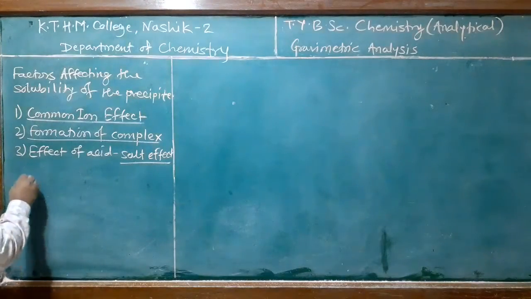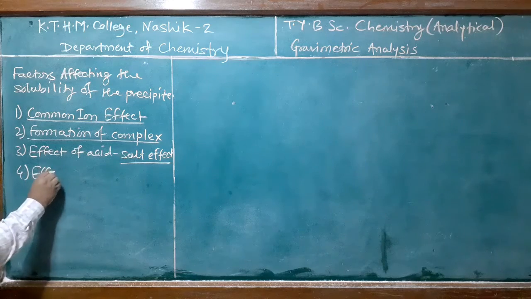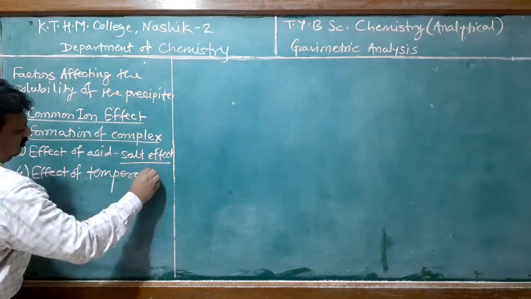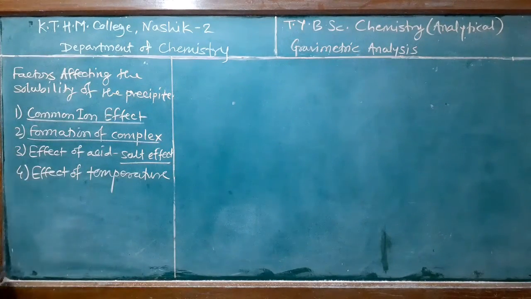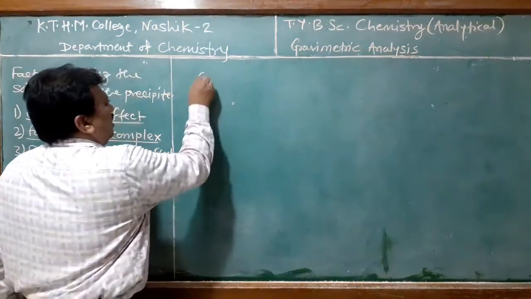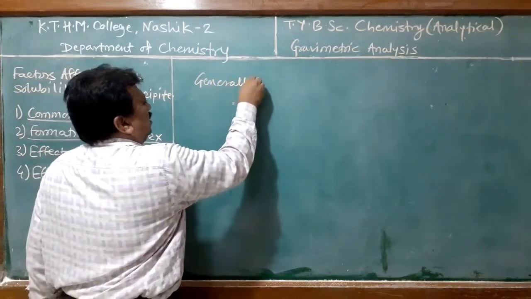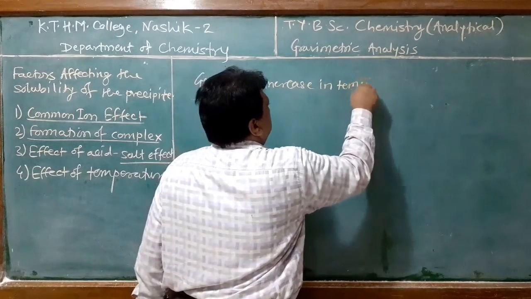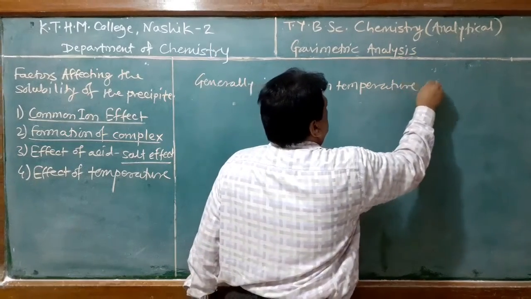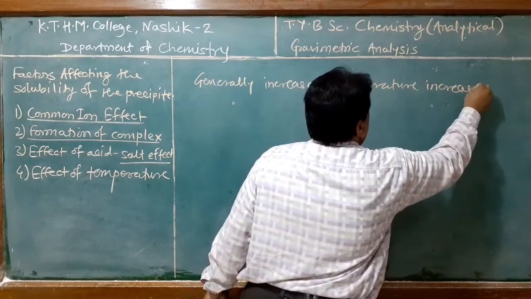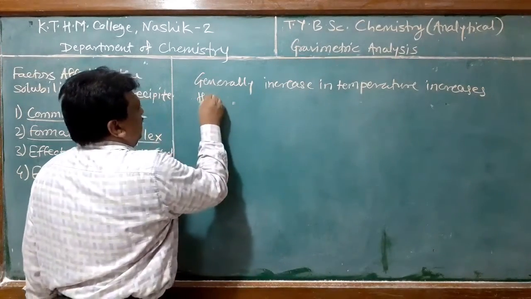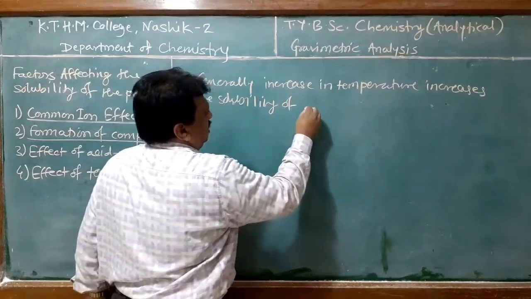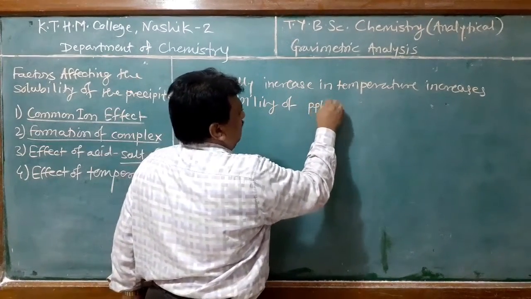Effect of temperature on the solubility of precipitate. Generally, increase in temperature increases the solubility of precipitate or sparingly soluble electrolyte.